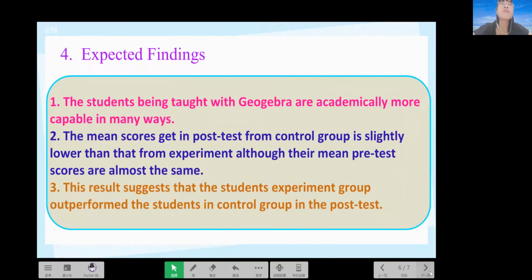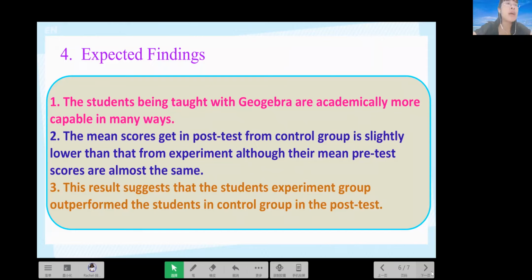After the experiment, there will be some expected findings. The students taught with GeoGebra are academically more capable in many ways. This will probably be found in the research. They are more motivated and show more interest in mathematics.